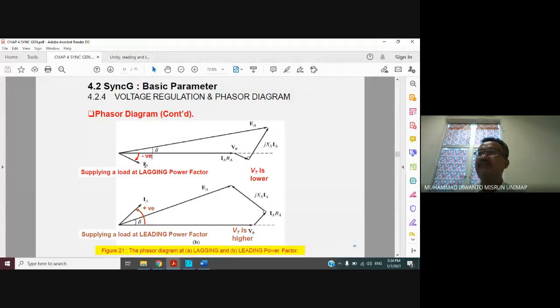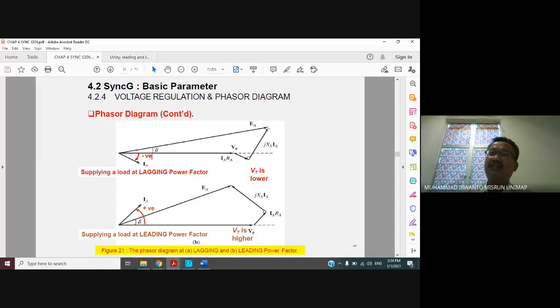After that, remember what I said earlier, we want to draw the IA RA. IA RA is always parallel with IA. After that, you draw the jXs IA. jXs IA is always perpendicular, 90 degrees.